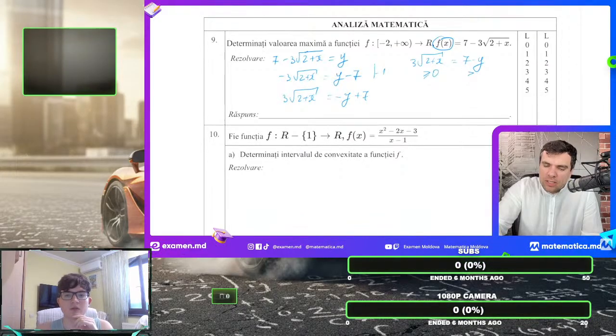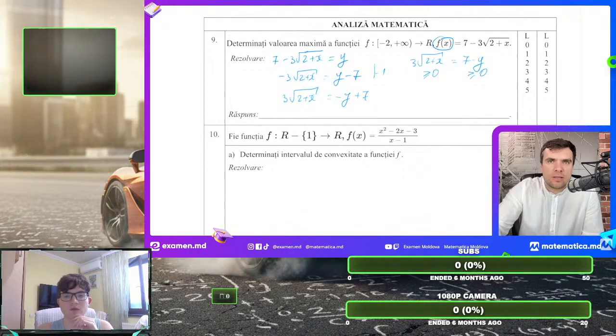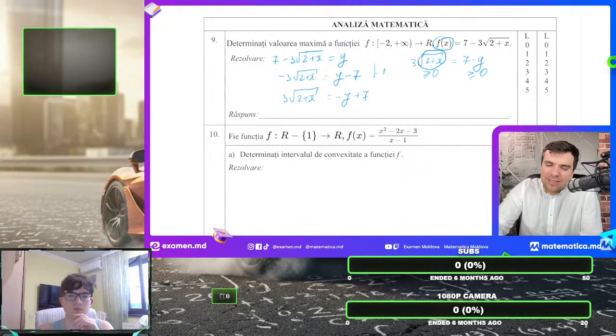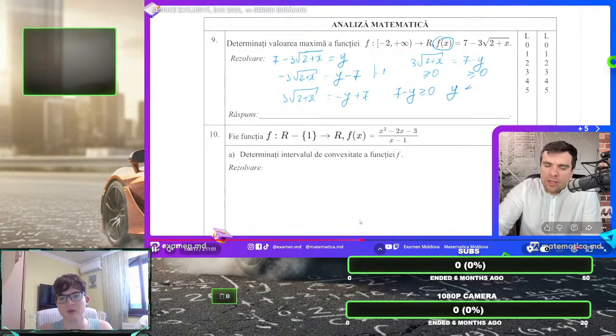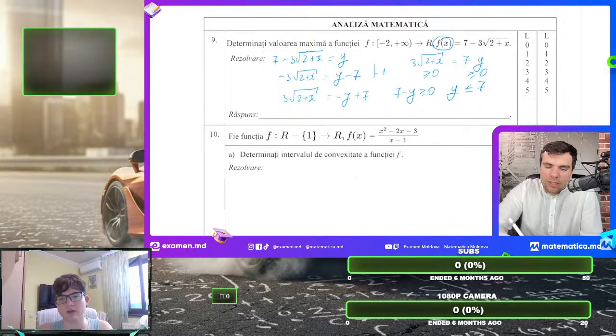Has to be bigger or equal to 0, and this one also, for some reason. And so what? We can plug in what? Minus 2? So just ignore that, and y is smaller than or equal to 7, so it's from minus infinity till 7.